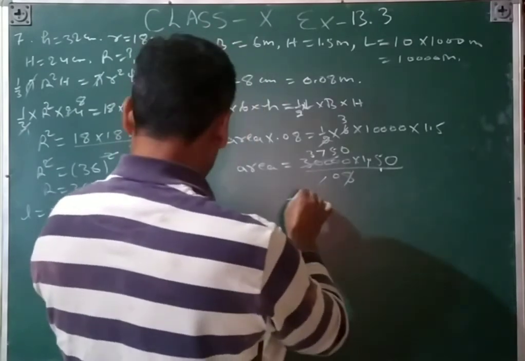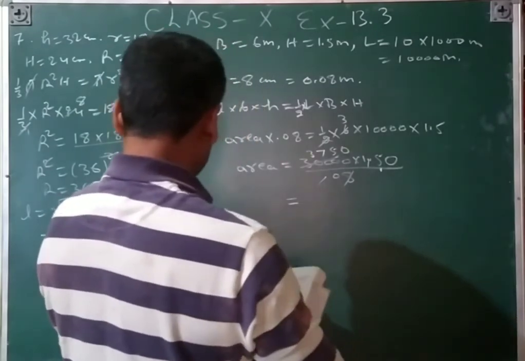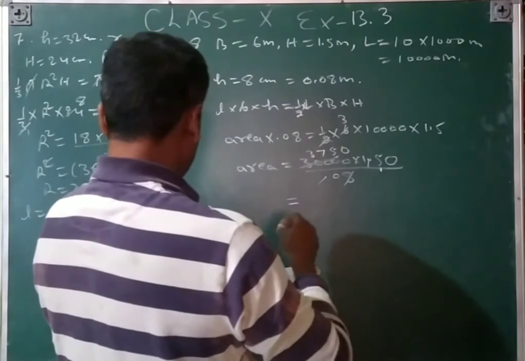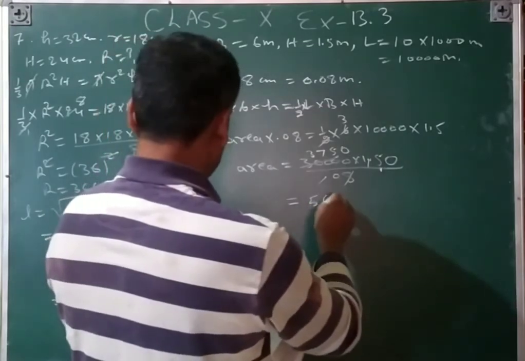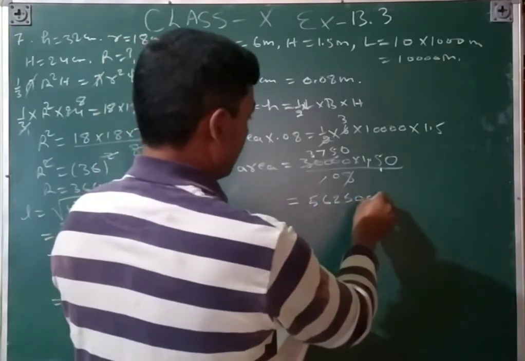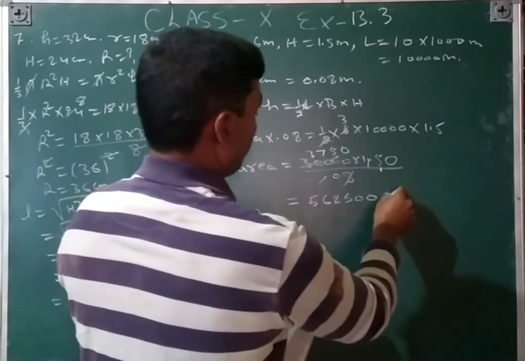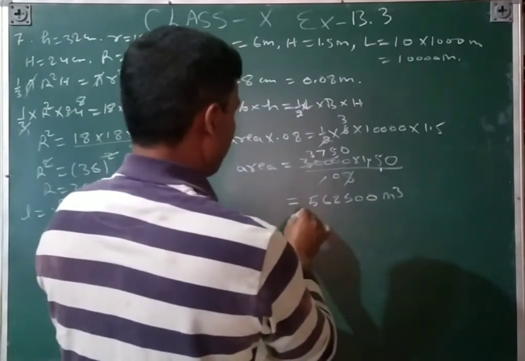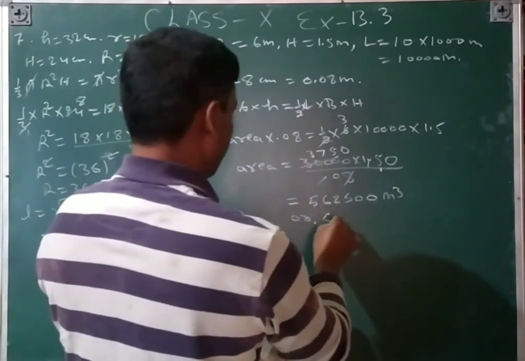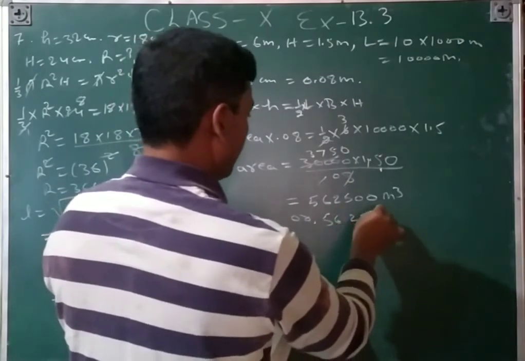By the multiplication of that, that will be 56,250 meter cube, or you can convert in hectare also, that is 5.625 hectare.